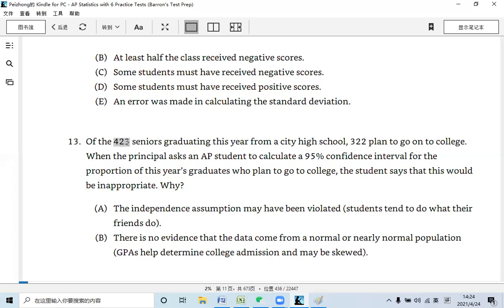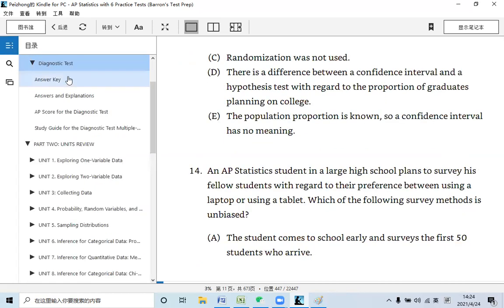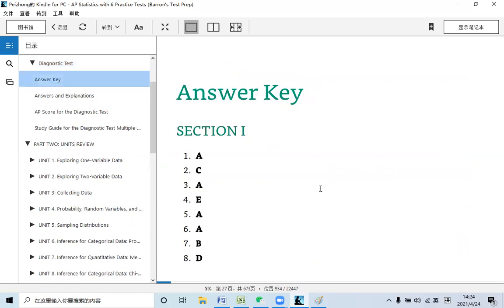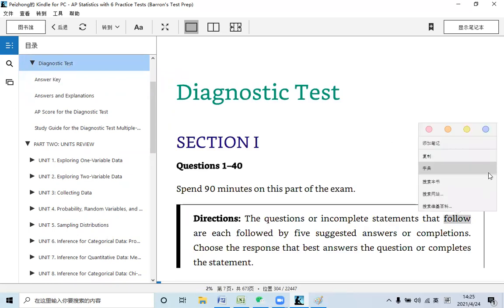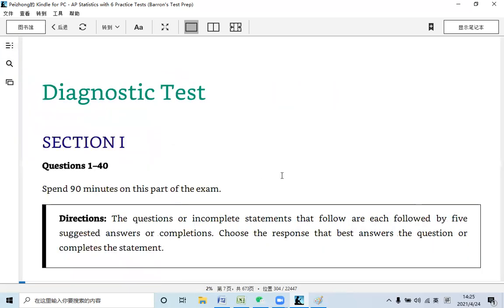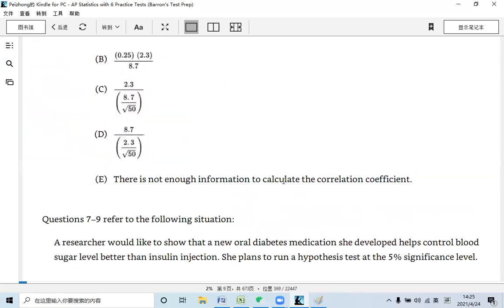The 420 seniors graduating this year, and the principal is asking about this year's graduates. So you know the population proportion. There's no need to calculate the 95% interval. Again, another trick question. Look at number 13, answer key. Yeah, good. We got that right. Really good questions.